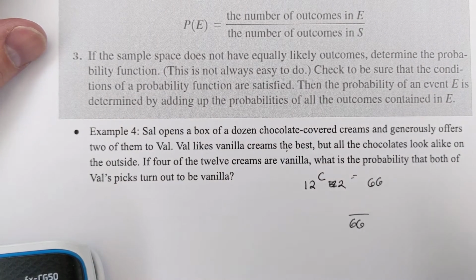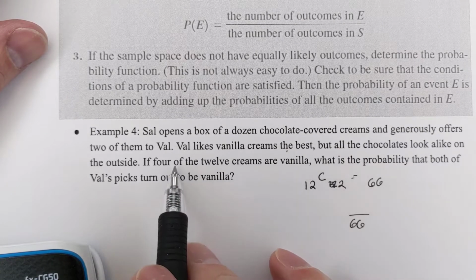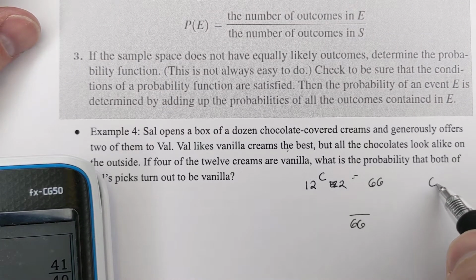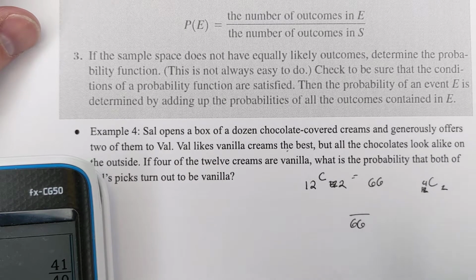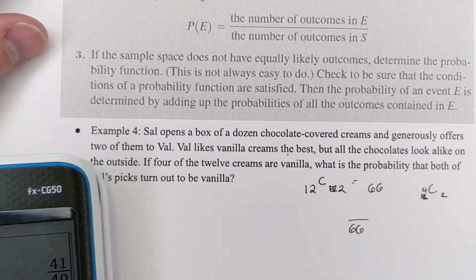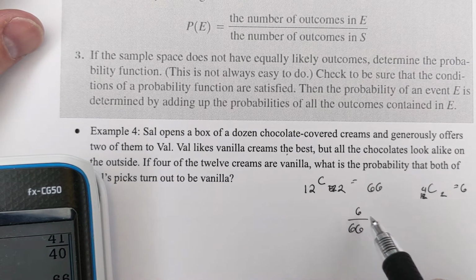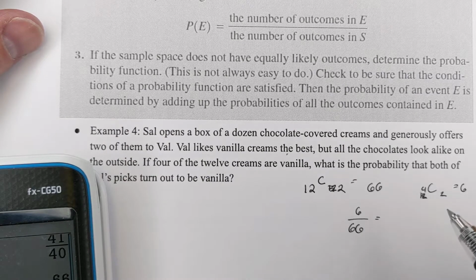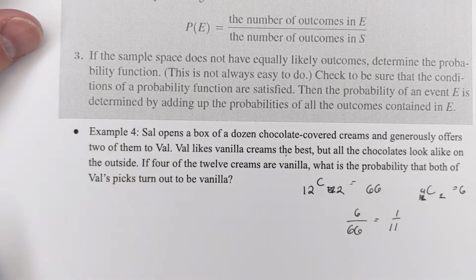The number on the top is the number of ways that she can choose the 2 from the 4 vanilla creams, which is 6. So there's 6 different ways that she could choose. If there are 4 of them and she has to pick 2 at a time, there is a 1 in 11 chance that she will pull this off.